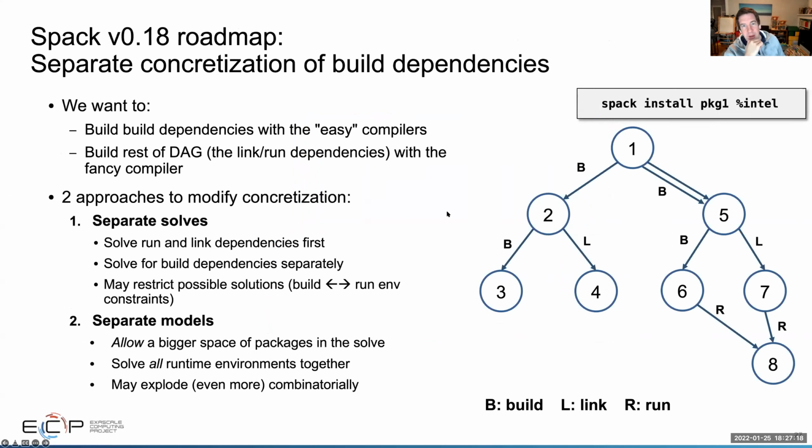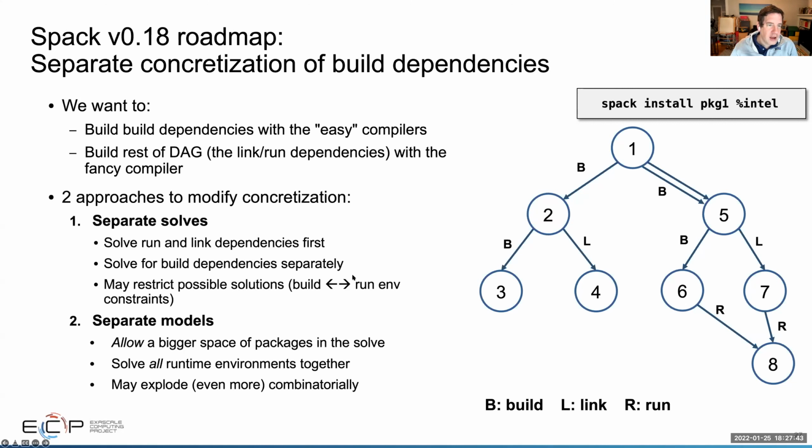So for the roadmap, now that we have the new Concretizer, one of the things that we've wanted to do for a long time is to build dependencies and things that don't really require a fancy compiler with the easy compilers. Right now, if you try to install something, Spack will try to match the compilers to what you asked for. Users can configure that, but it takes some configuration to say like CMake should be built with GCC.